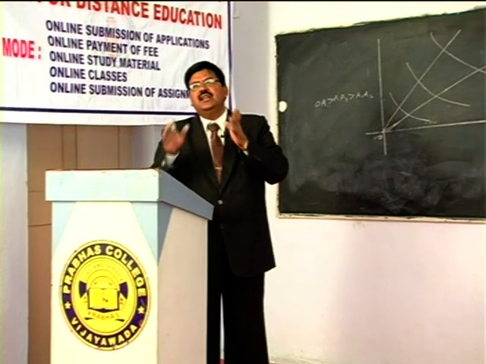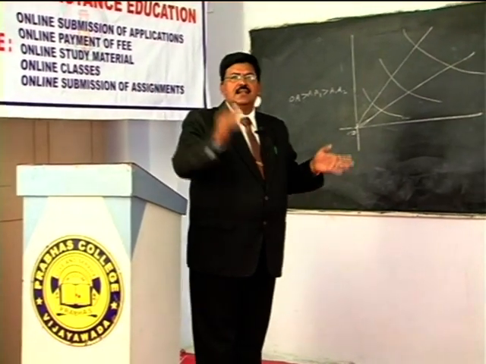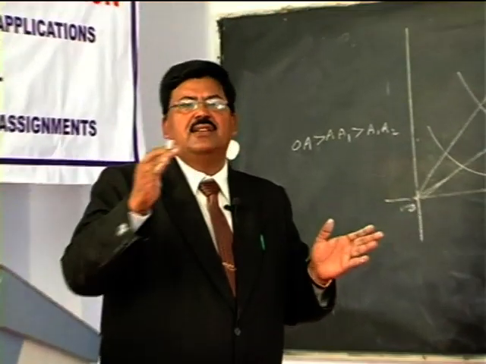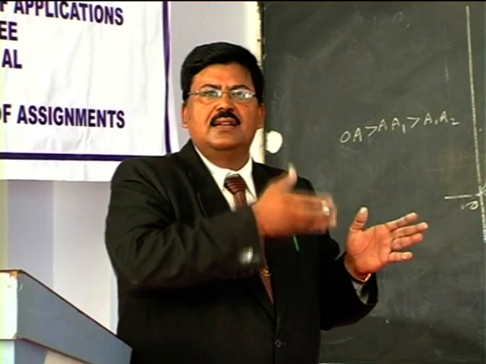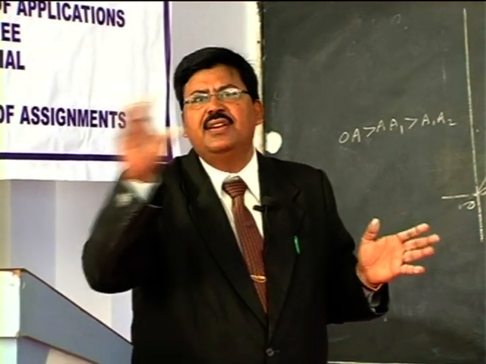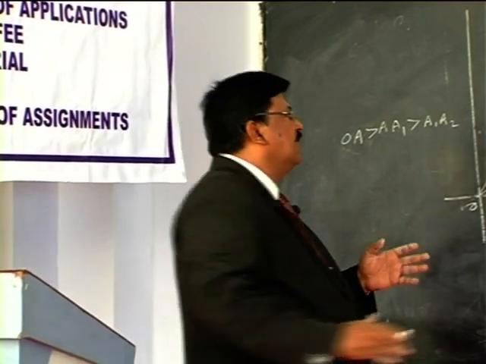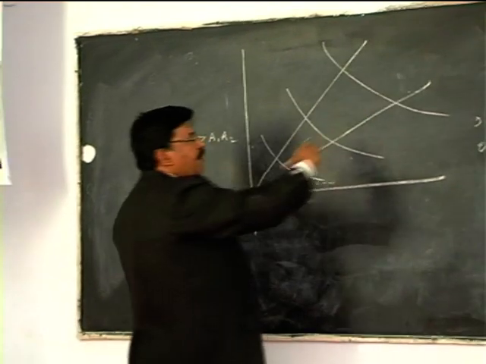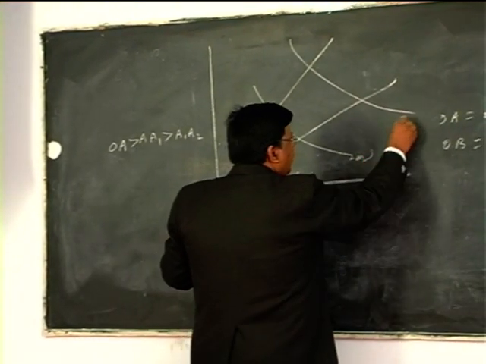So we can use the isoquant map to explain increasing returns by drawing the successive isoquants closer, constant returns by intersecting the line drawn from the origin at equidistance, and decreasing returns by spacing the isoquants steadily apart: 100, 200 and 300.